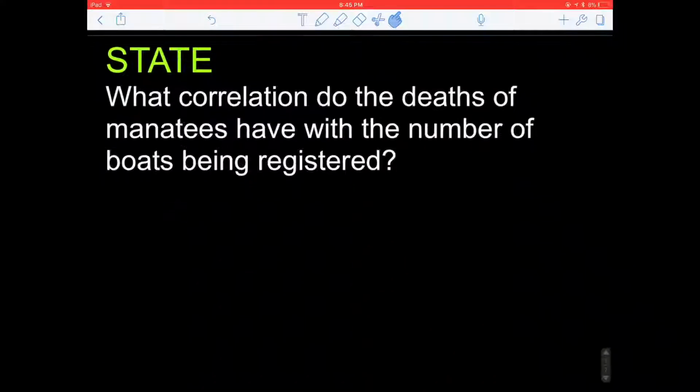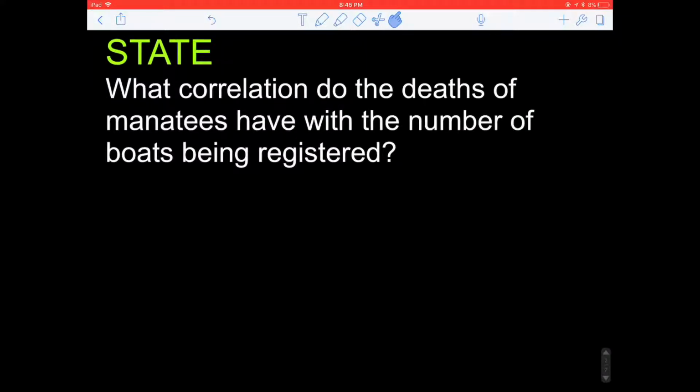And so to solve our problem, we're basically just going to start by stating what we're trying to solve, which is what correlation do the deaths of manatees have with the number of boats being registered.